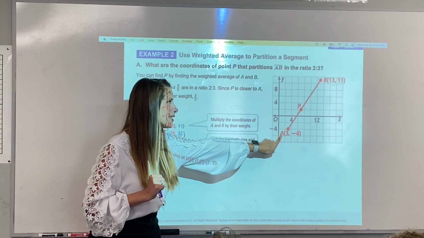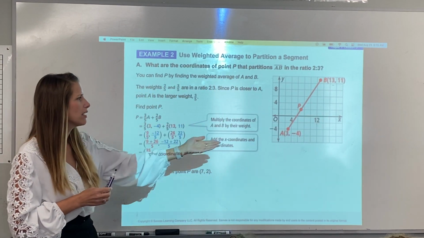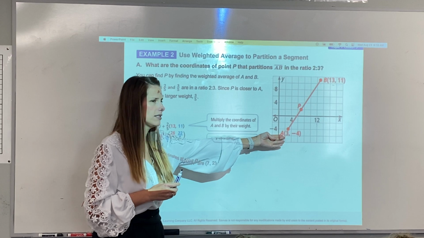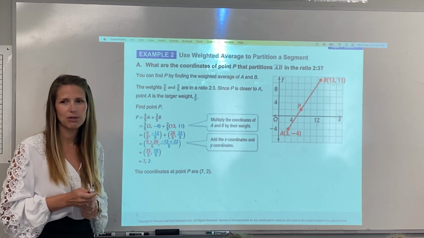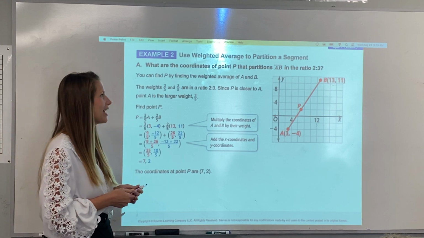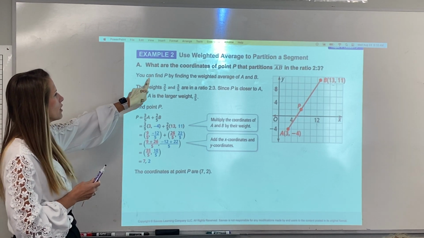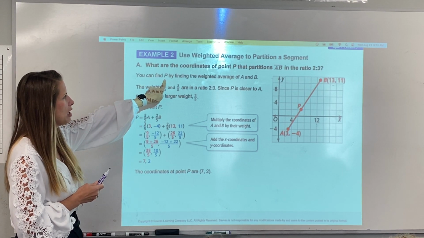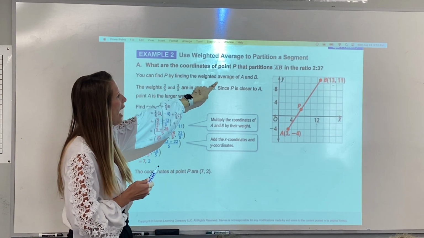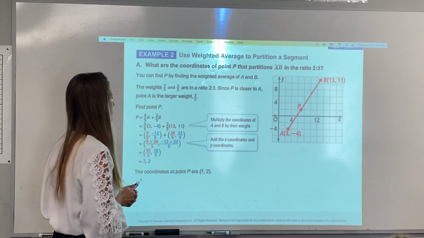Team A and Team B. You can see from the line segment which team is winning, which team is stronger. Team A is stronger. So you can find P by finding the weighted average of A and B.